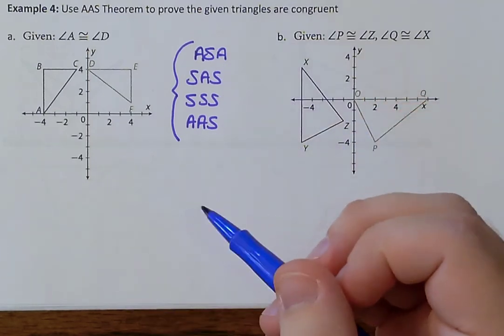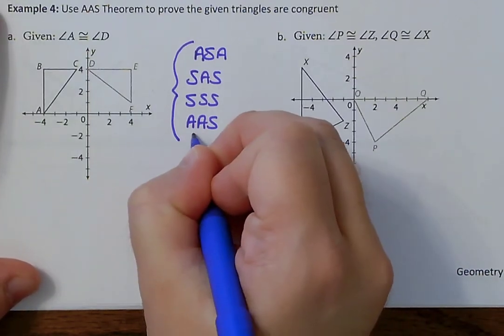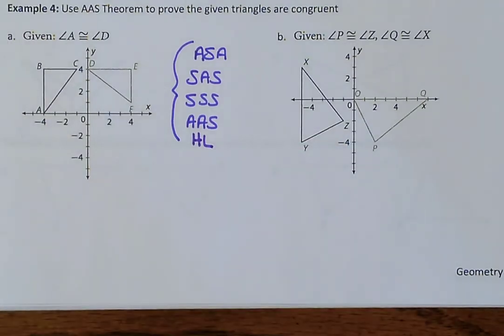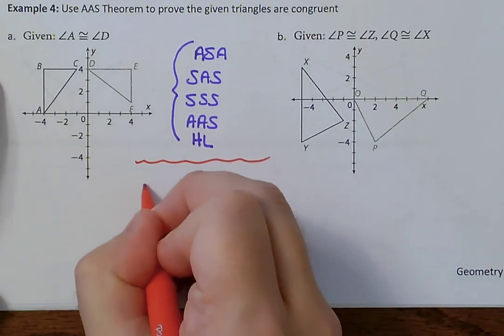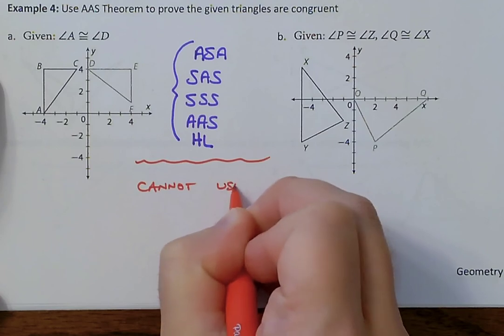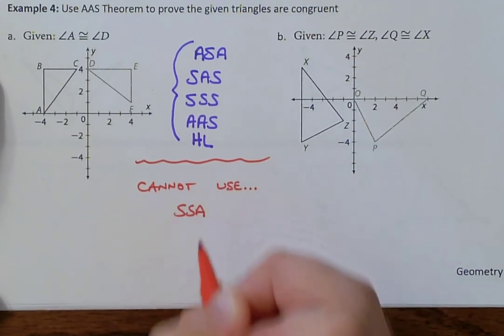Tomorrow, or the next day, we're going to talk about our final shortcut, which is going to be referred to as HL, or hypotenuse leg. So we're going to talk about right triangles tomorrow. And just remember, we cannot use side, side, angle.